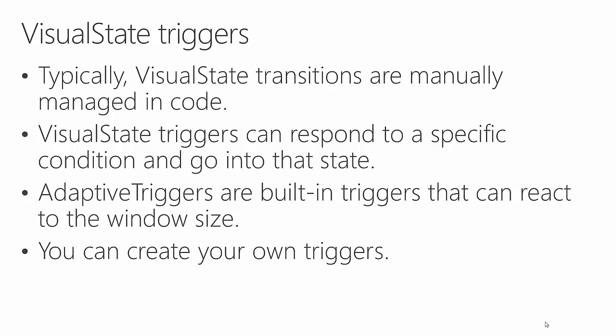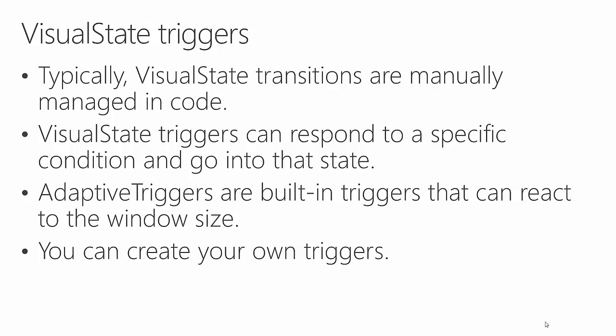So for example, it defines that the background of the button becomes white and the text of the button becomes black. Visual states are typically managed in code, so by using behaviors or by using the visual state manager, you manually define when a control needs to go from one state to another. Triggers are a way to handle the change from a visual state to another without needing code, so they automatically react to a condition.